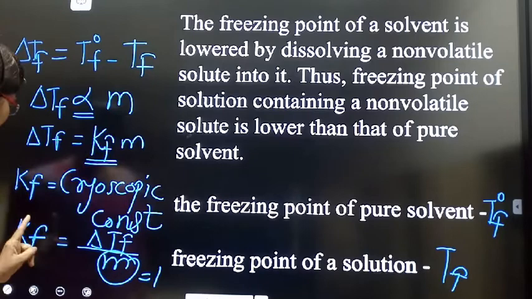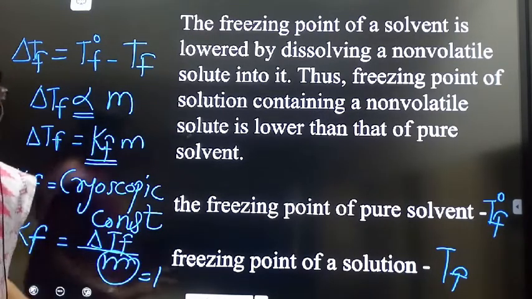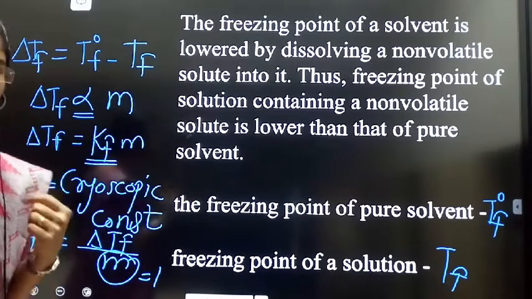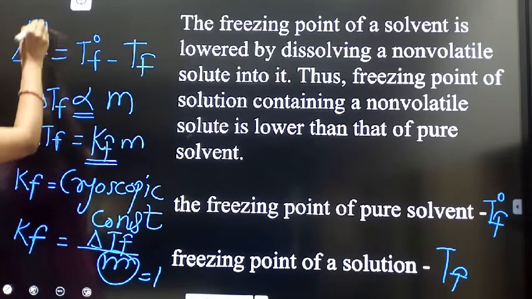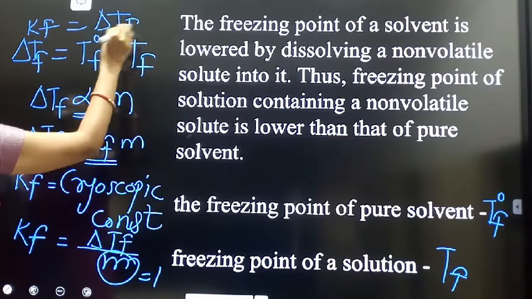And if the molality of the solution is equal to 1, then Kf is equal to delta TF.